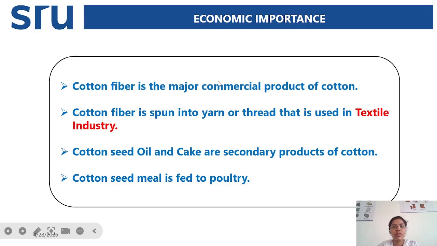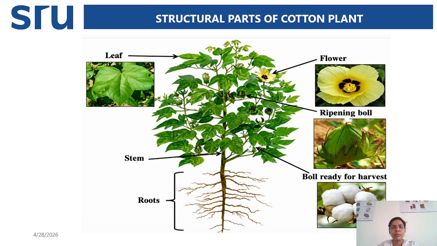So these are some of the economic importance or uses of cotton: it is a commercial crop, the primary product is the fiber spun into thread for the textile industry, and the secondary products are cotton seed oil, cake and cotton seed meal.